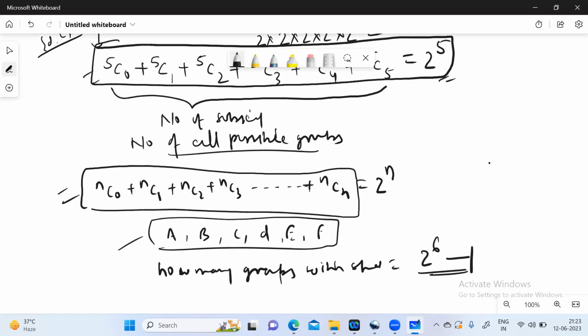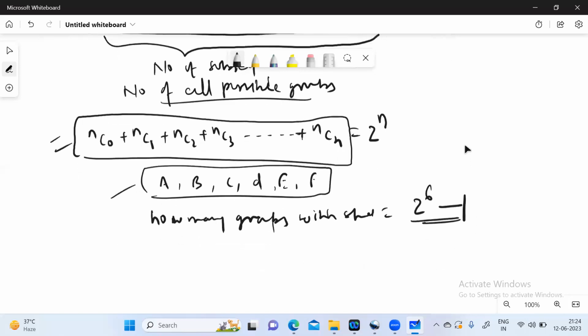Why? Because 2 to the power 6 counts every group including the one with 0 members.